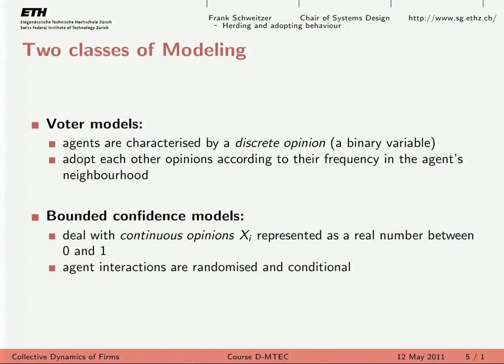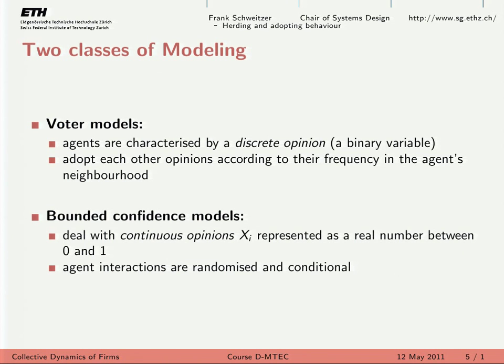So that means the agent is in state 0, and then the agent looks around and sees he's surrounded by all firms in state 1. And then the probability that the agent switches towards state 1 becomes very high, or the other way around, and so on, right? So that's a voter model.